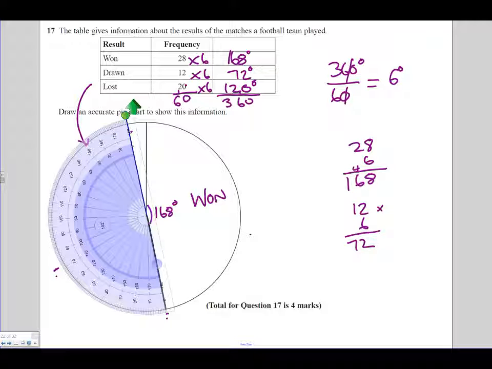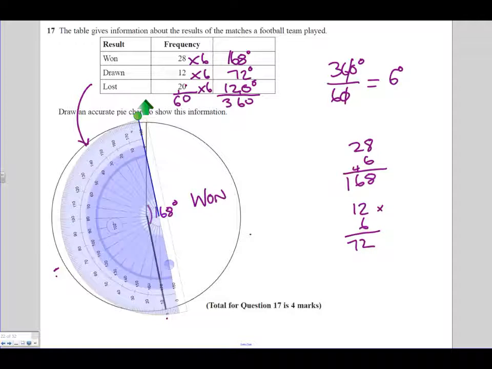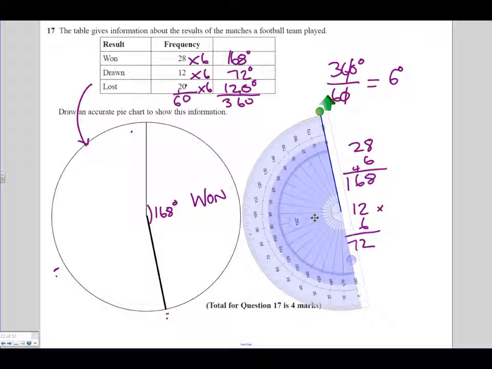Again, remove the protractor and draw a straight line from the center to the mark that you've just made. Again, annotate the angle to show the examiner you've measured it, 72 degrees, and write down what this piece of the pie chart represents.